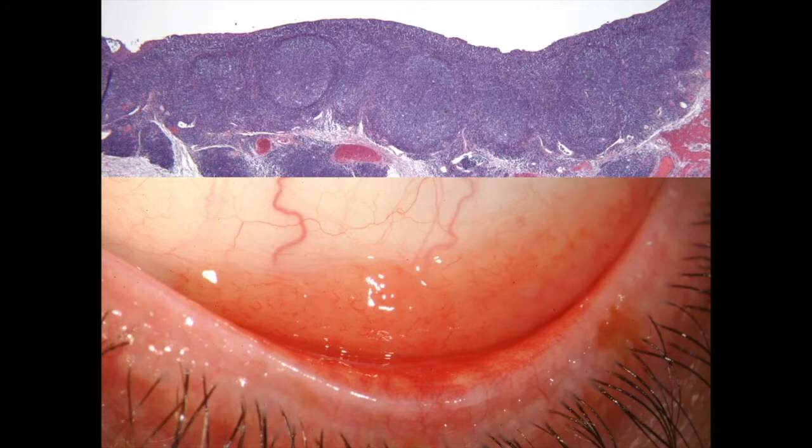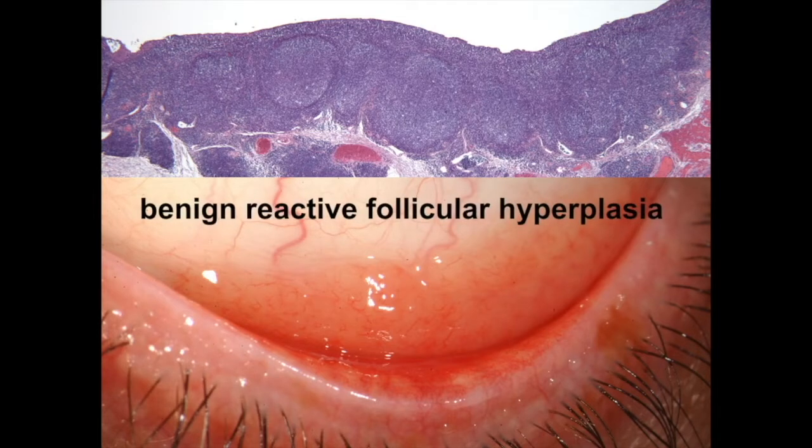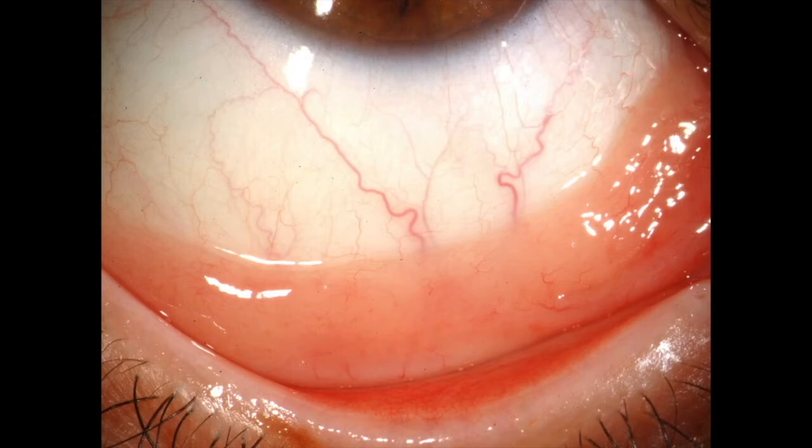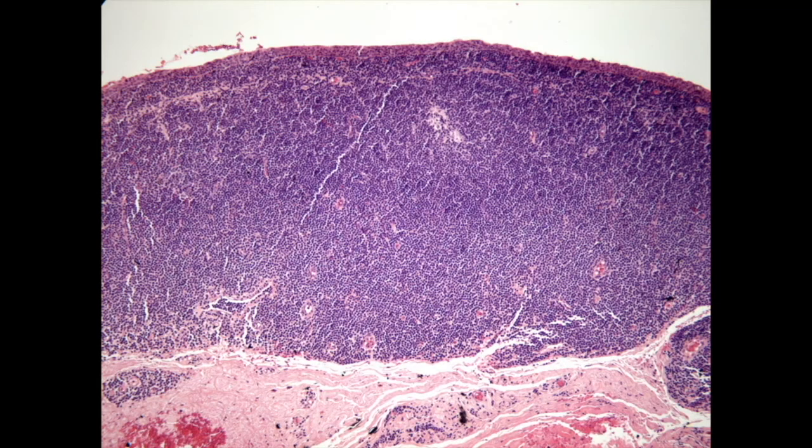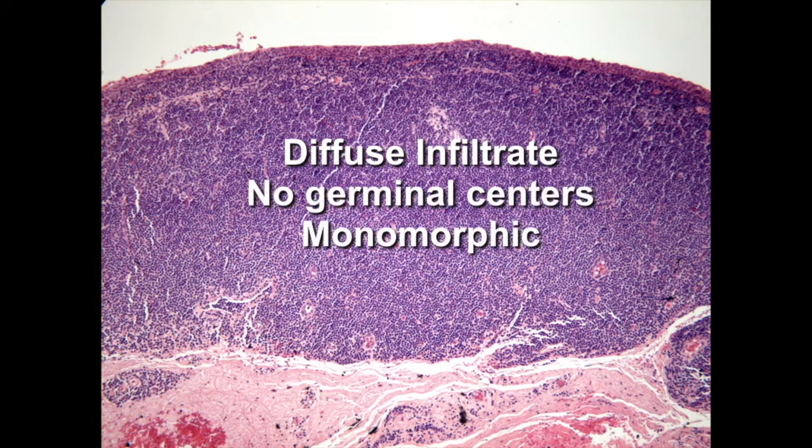So this is a benign reactive follicular hyperplasia. Here's another salmon patch. This one is sort of a diffuse infiltrate, composed of no germinal centers. It's a monomorphic infiltrate. The cells may involve the conjunctival epithelium.